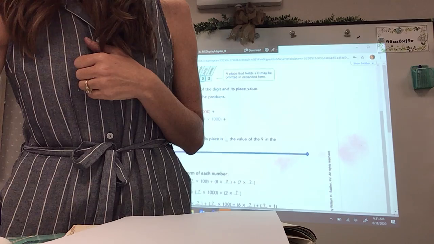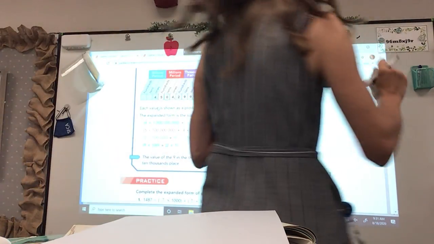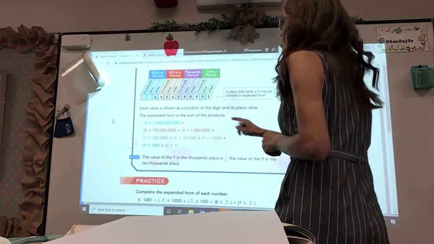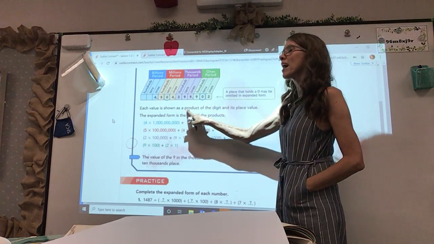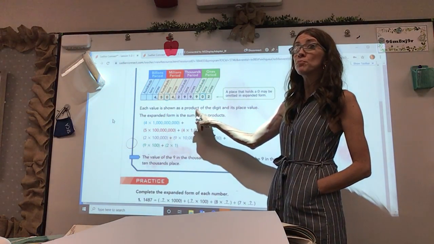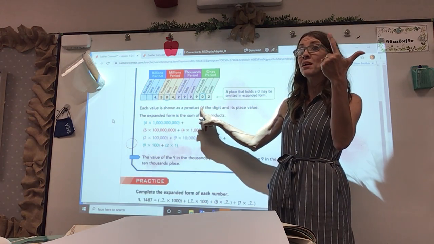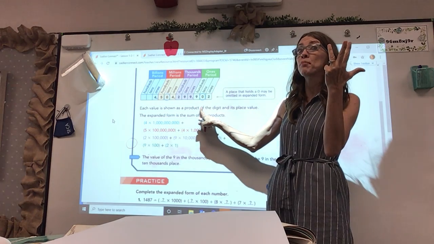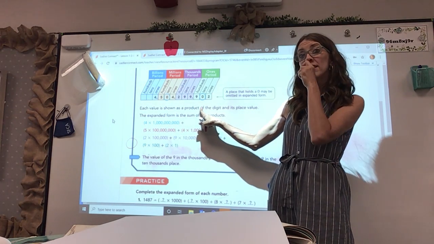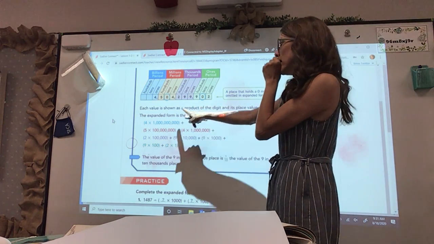All right, so here's how we're going to do expanded form. You are going to write each value as a product of, does anybody know what that means, product of? Am I going to add, subtract, multiply, or divide to get a product of? Shepherd? Multiply? Exactly, you're going to multiply.